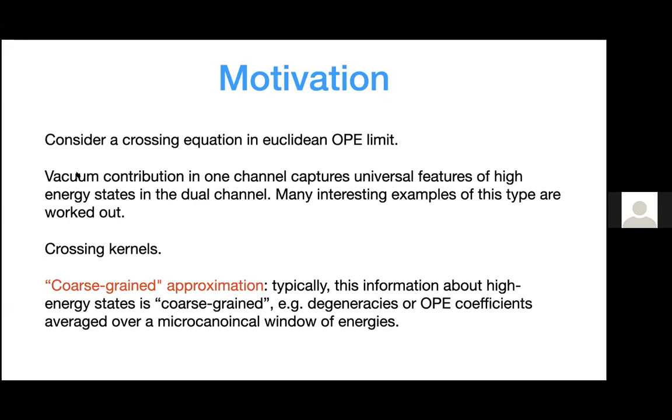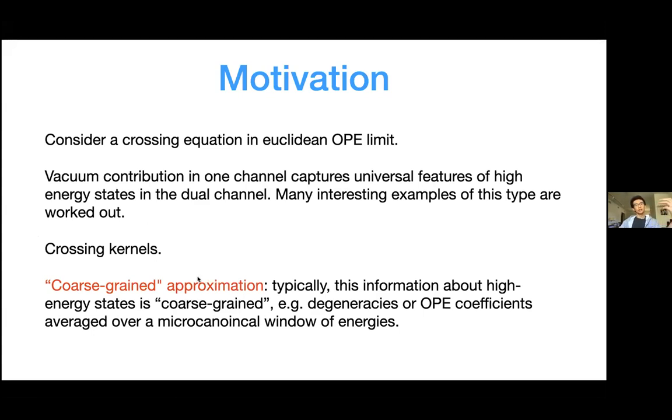So in one channel, we have, let's say, the vacuum contribution. And in the dual channel, this is supposed to describe some properties, the details of the high energy states. There have been worked out many examples of this type, and sometimes these are called crossing kernels, where you take the vacuum and expand it in the conformal blocks in the dual channel and read off the spectrum.